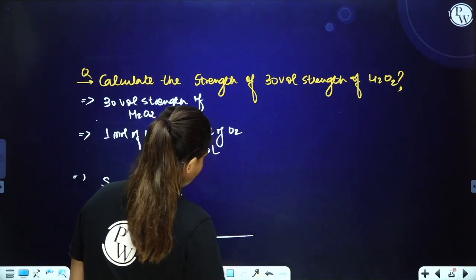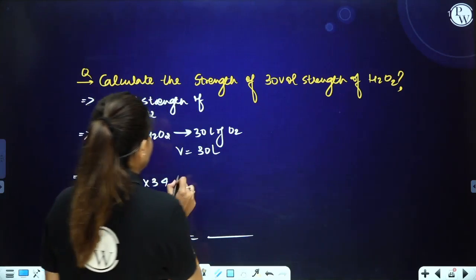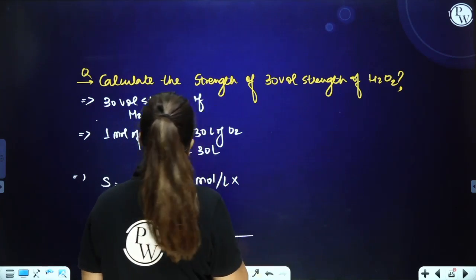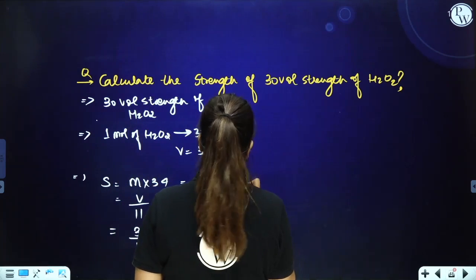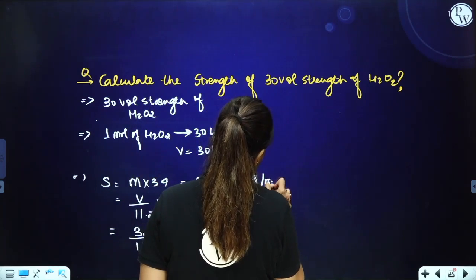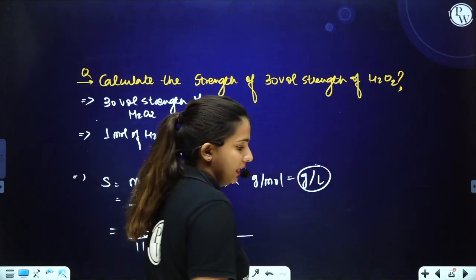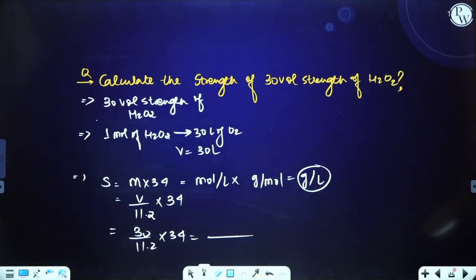Calculate your strength. What is the unit of molarity? It is moles per liter. And what is the unit of molar mass? That is gram per mole. So you will get your unit as gram per liter for the strength. Now calculate the answer, everyone.